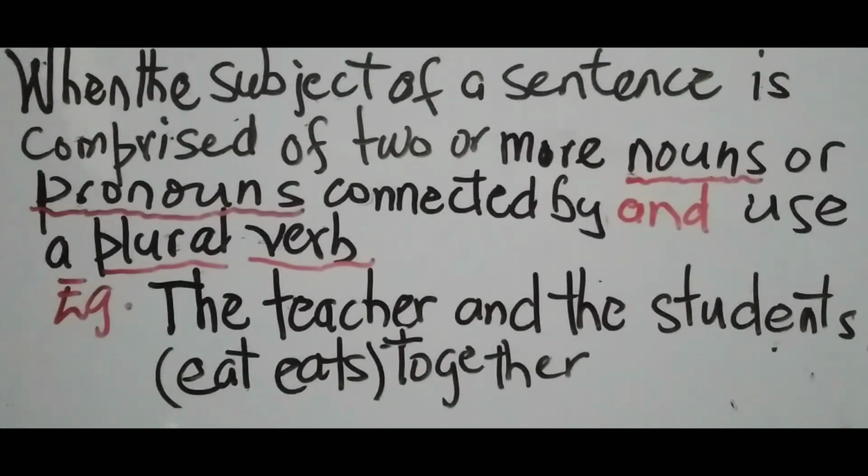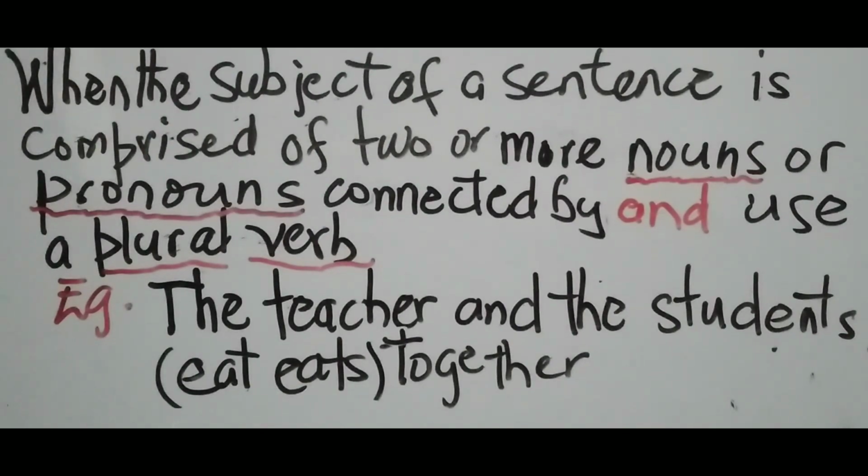Today we're going to continue our look at subject and verb agreement. In our previous English lesson, to quickly recap, we mentioned that every sentence must have a subject and a verb.